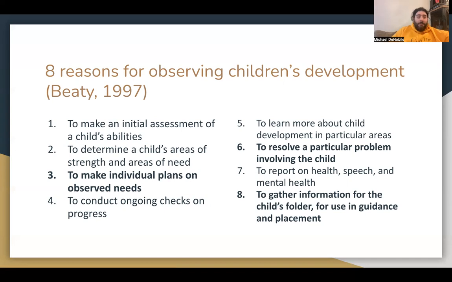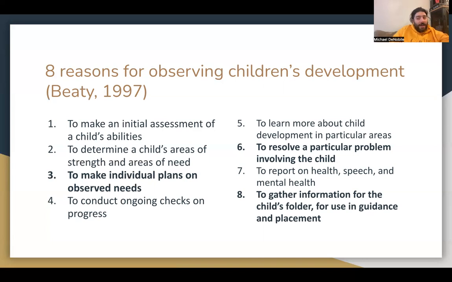So let's say the parent or the counselor or other teachers have said this particular student is having this particular problem. Again, test scores may not help me really get to understand where this child is at. I may need to sit down and observe this child in a natural setting in order to see, okay, here's the problem that was given to me.